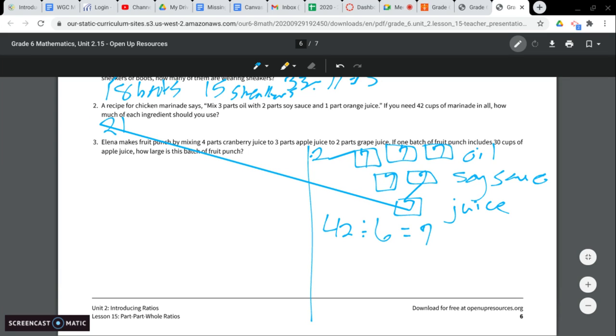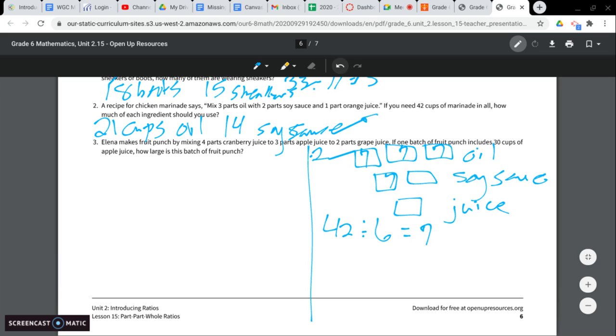So 21 cups oil, 14 for the soy sauce, and 7 for the juice. So we just took each one of these. Remember, each one of these boxes represents 7. So each part represents 7.